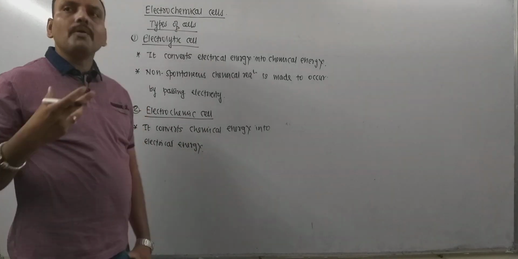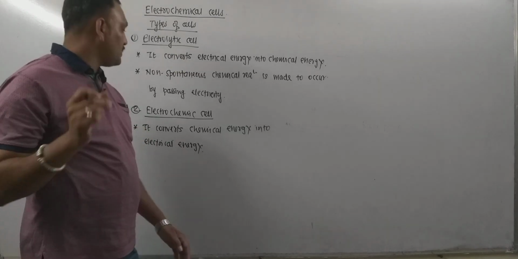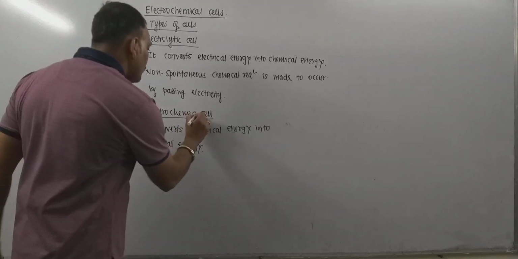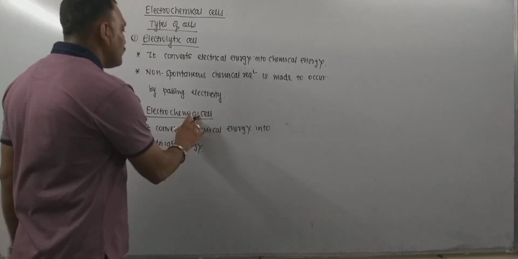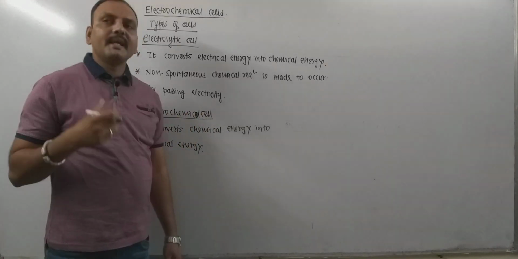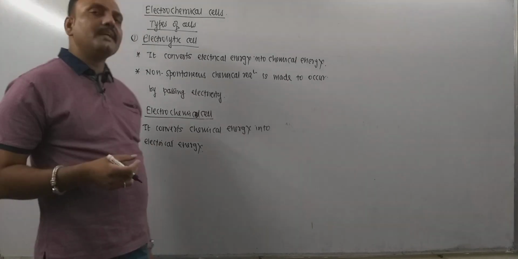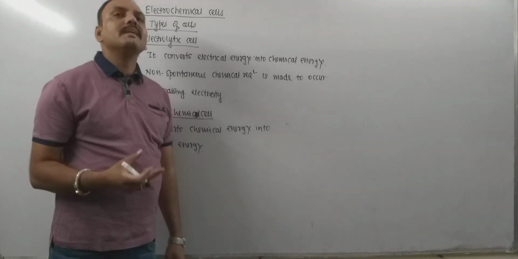Now, on account of which, that is the question. Remember, in electrochemical cells, spontaneous chemical reactions taking place inside the cell are the key factor right here, which provide us electricity.